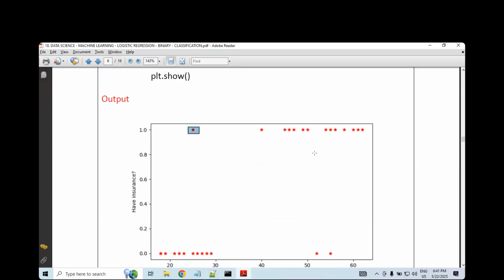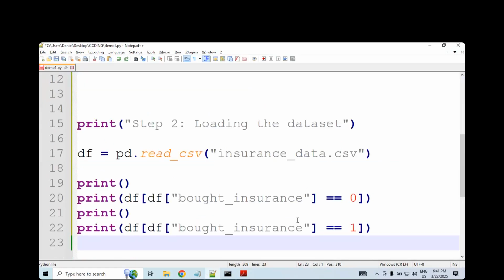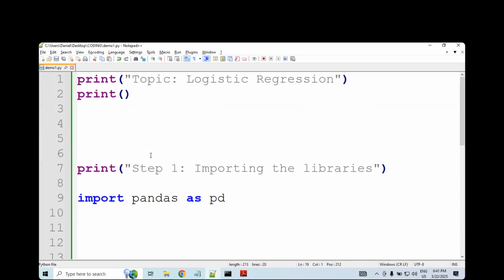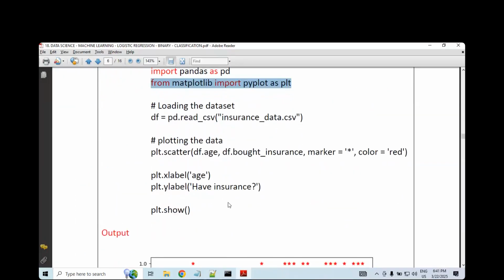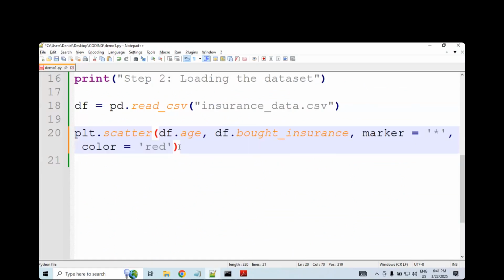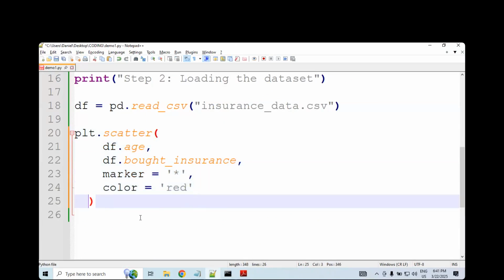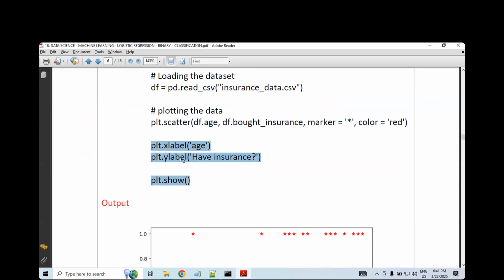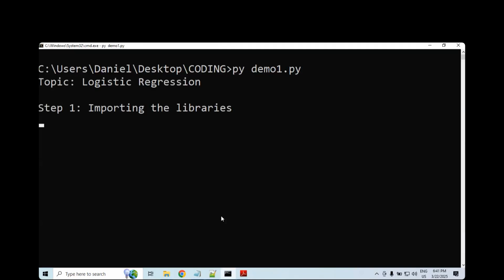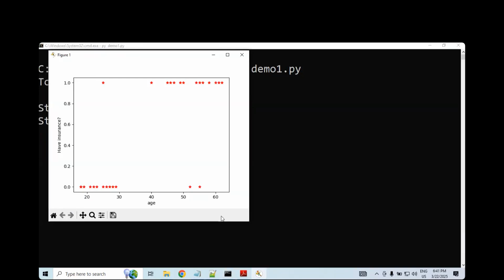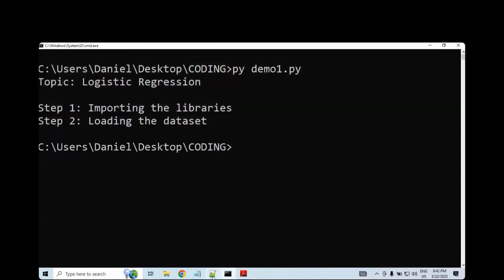Can we plot this? Very good. We are plotting the data.